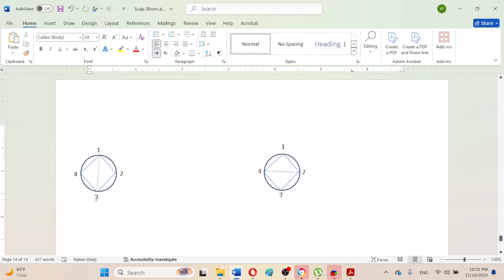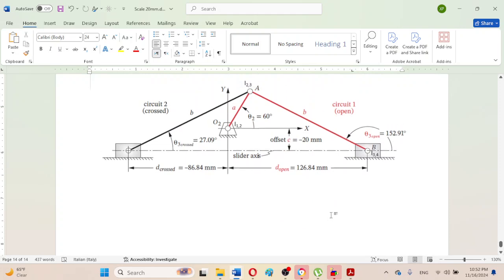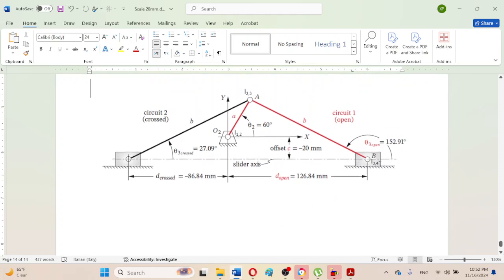Similarly the instant center between link number 3 and link number 4 has also been determined, but the permanent instant center between link number 4 and 1 is still to be determined. And we are familiar that in the case of the slider, apparently there is no full revolute joint between this slider and this ground.